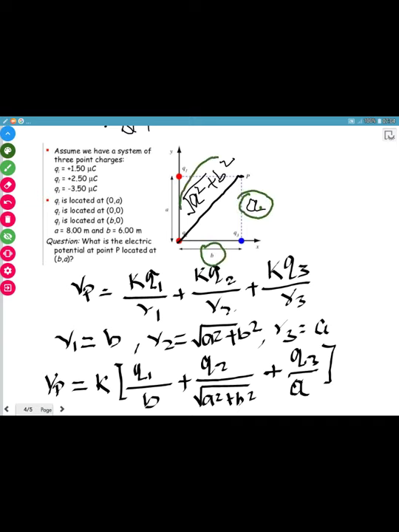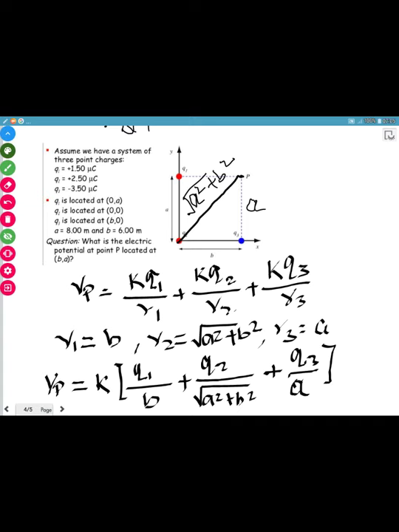We can find the diagonal distance using the Pythagoras theorem: it is under root A square plus B square.